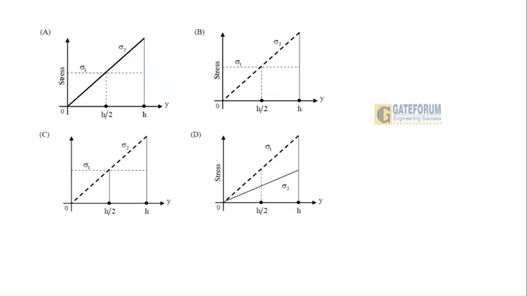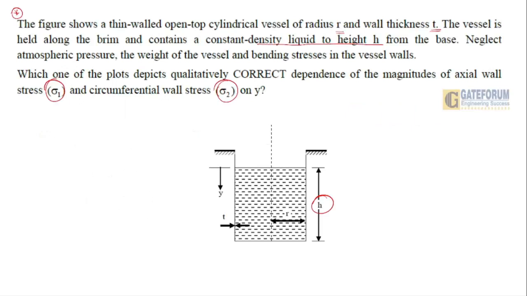So before going for the answer here, clearly, if I see, Y is the distance, right? Let this be Y, and R is the radius given to you. This becomes H minus Y, right? I mean to say this value will become H minus Y. So the unit weight of liquid, if you check, is gamma.